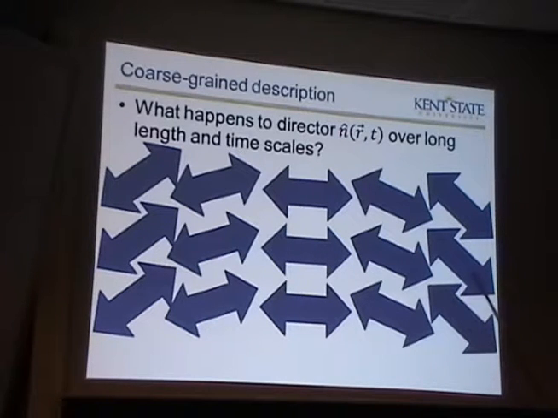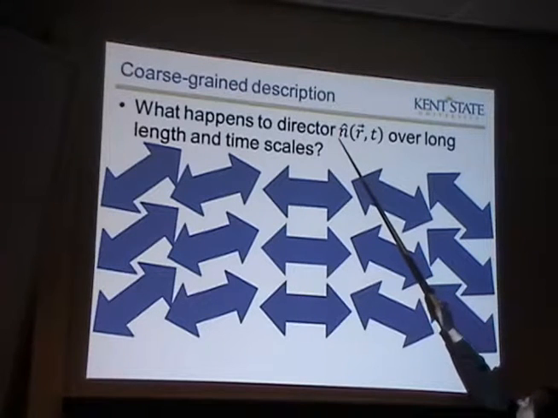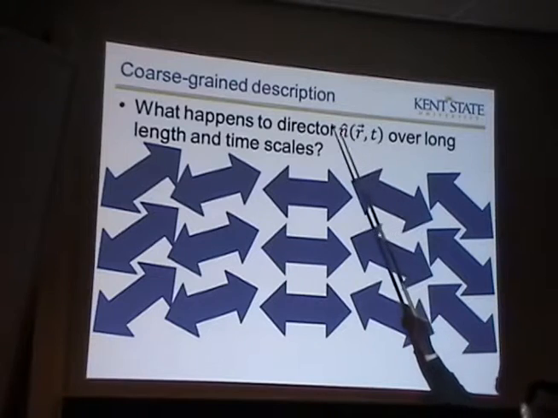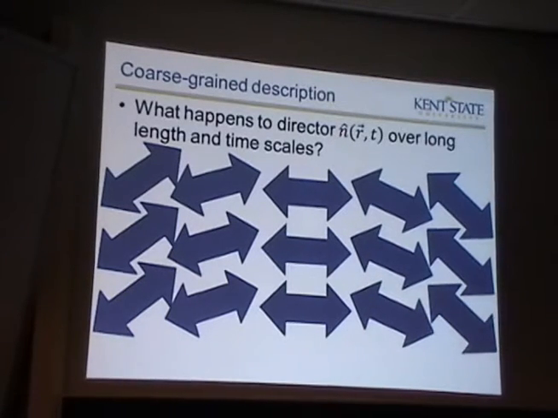Okay, so as we zoom out more and more, right, we can mathematically represent that as a director field that's a function of position and time, right? So we say a field, like an electric field or a magnetic field, right? A field means a function of position and time.